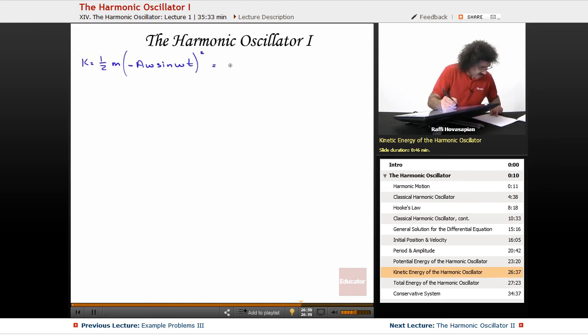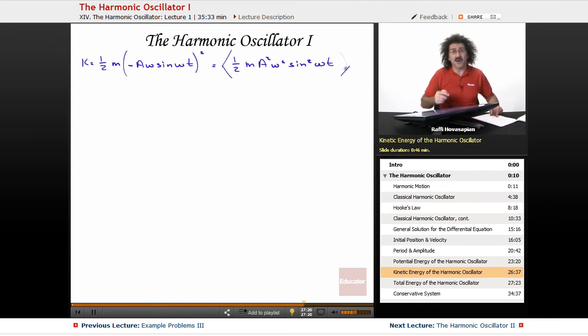So we end up with, the negative squared cancels out, so we end up with 1/2 m A squared omega squared sine squared omega t. This is our kinetic energy of the harmonic oscillator.